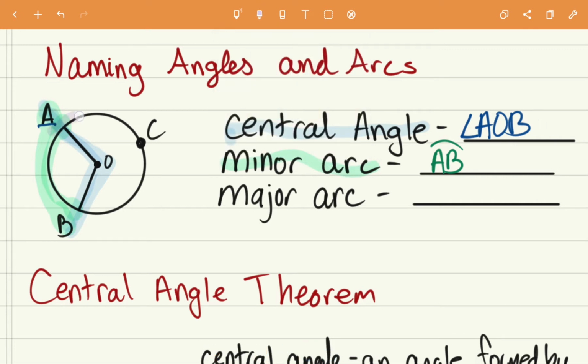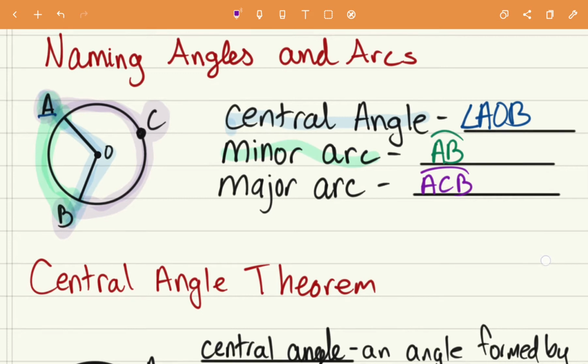The major arc is the bigger of the two. Notice they share the same endpoints, A and B. So in this case, we're going to have to include some outer point C to tell us we are looking at the major arc. So basically, just list all the points that you pass through when naming your angle or arc.